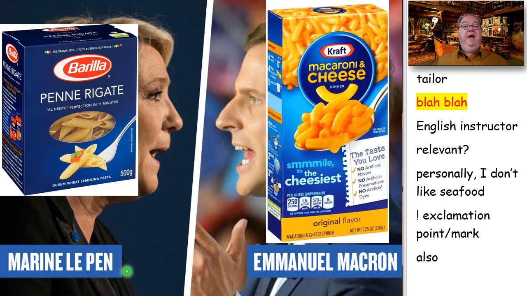So Le Pen sounded a little bit like penne pasta, and Macron sounds a little bit like macaroni. And macaroni is also a tube-shaped pasta, but generally not as fat, not as wide, and often curved. We actually call that type elbow macaroni because it's curved, rounded, kind of like the shape of your elbow.